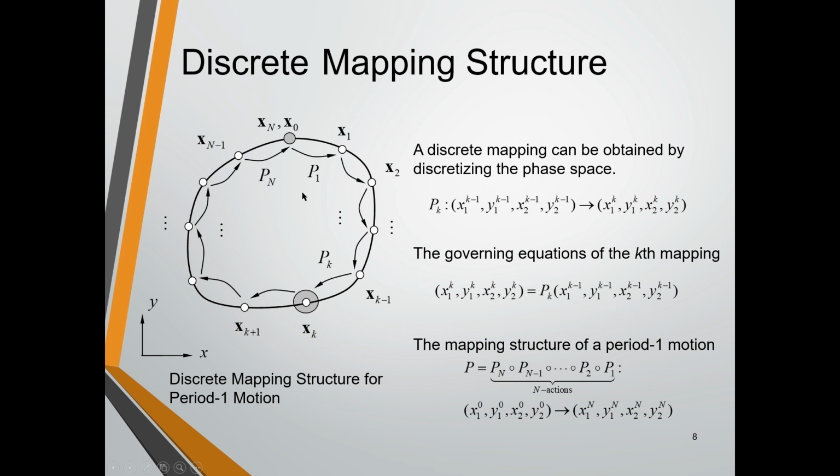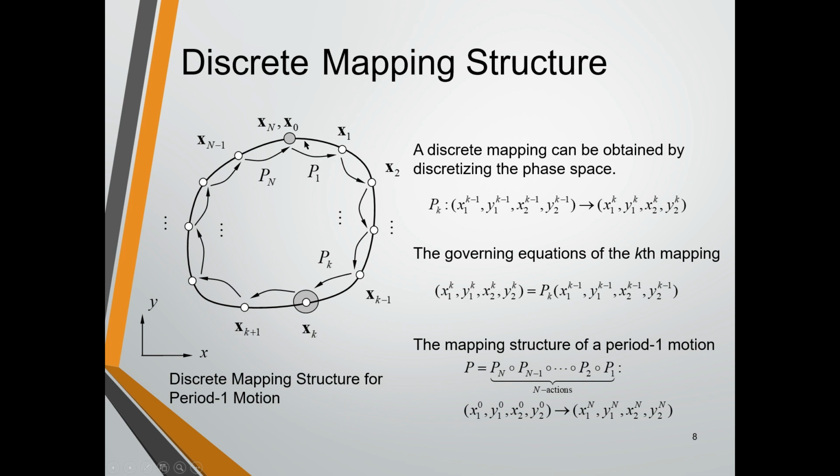And for period 1 motion, we can use a mapping structure that starts from Pn, mapping action all the way to P1, to describe such a periodic motion.